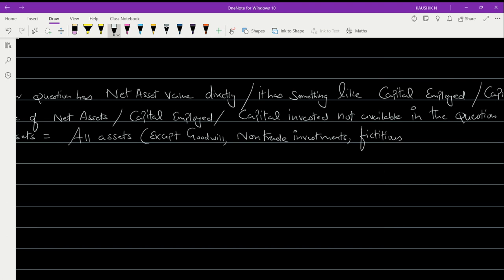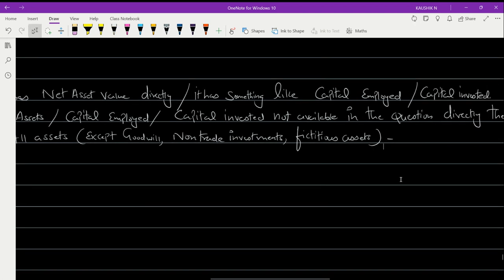From this, you have to eliminate your outside liabilities, minus the amount of outside liabilities.